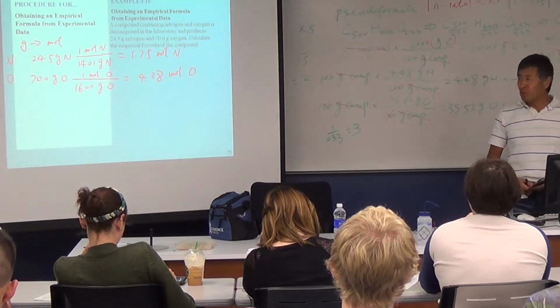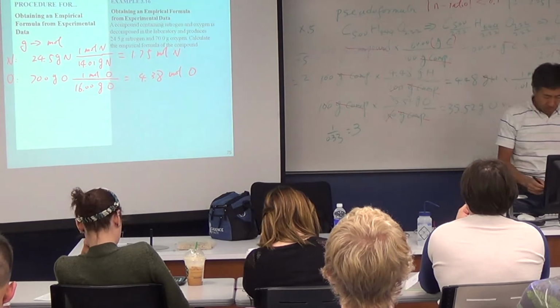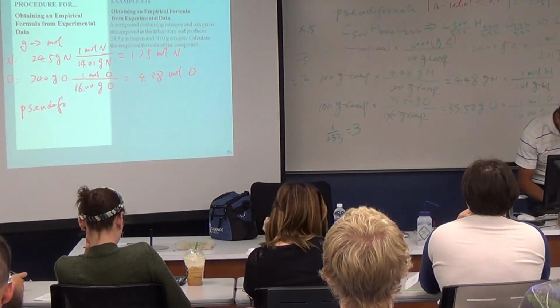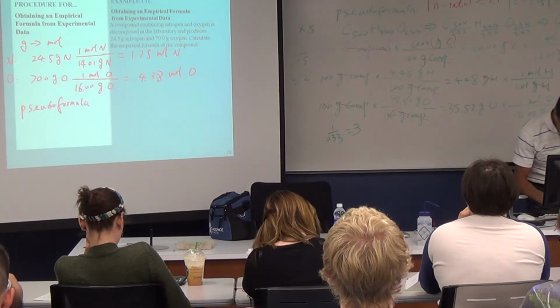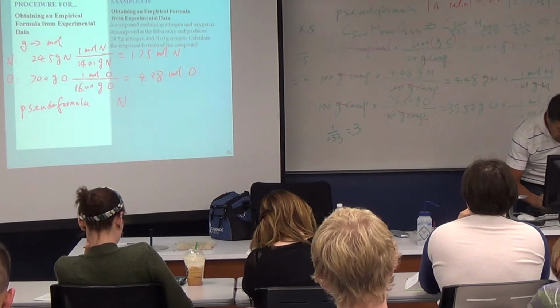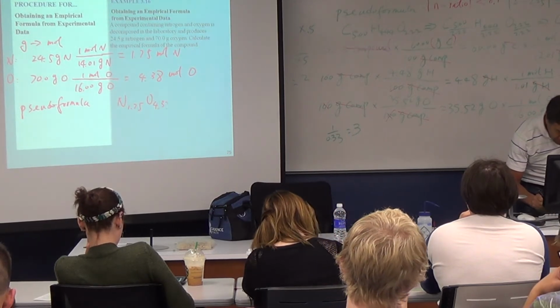So when you write, usually you will write out the pseudo formula. So the pseudo formula for this example will be N 1.75 and O 4.38.